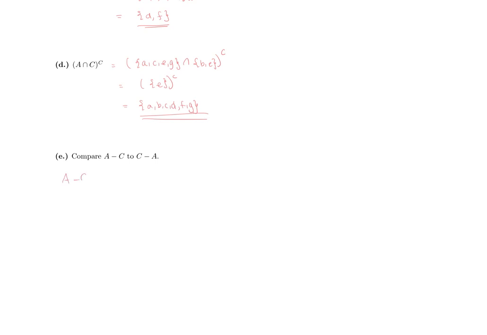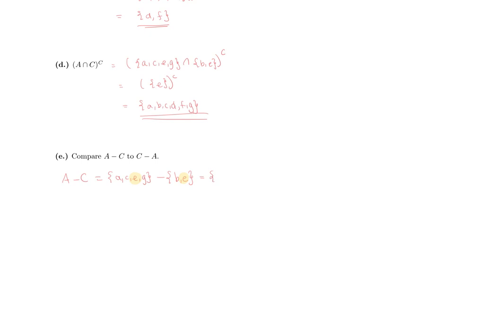If we did A minus C, we have the set A, C, E, G, and we want to remove from it elements B and E. The only element that A has that can be removed by removing C is just element E. So you notice there's not going to be this deficit of that B. B was not an element in set A to begin with, so there's no need to remove it because it was never there.